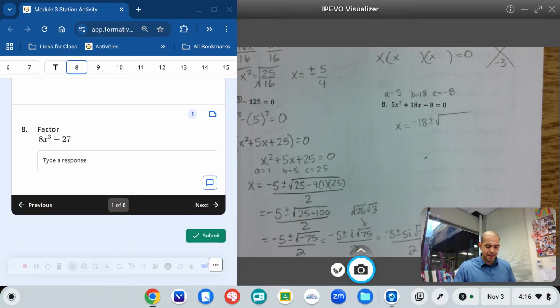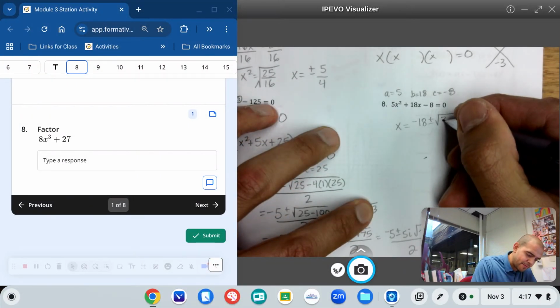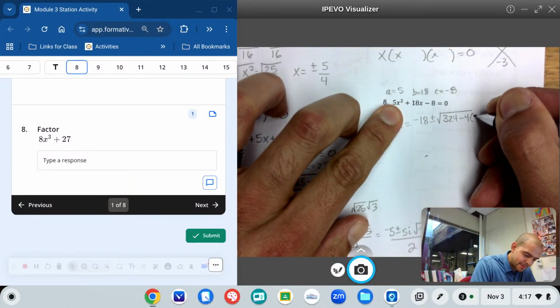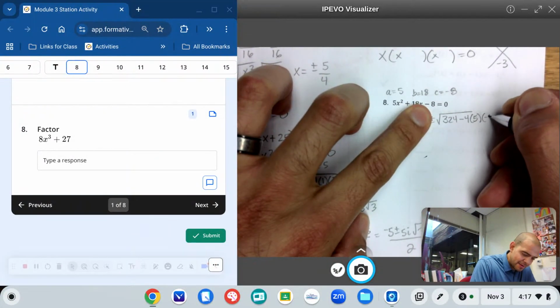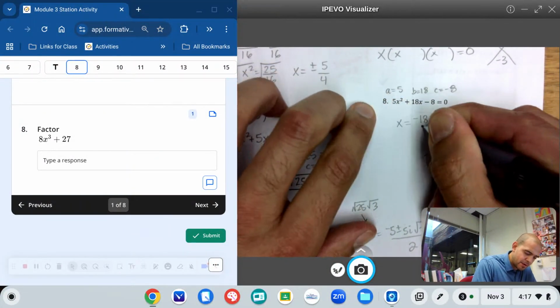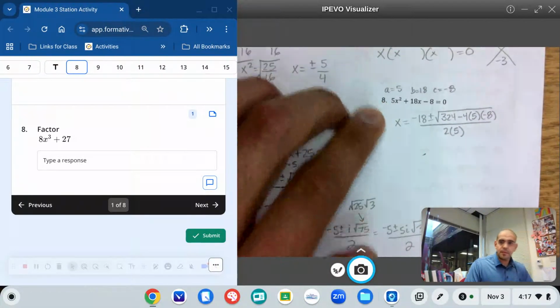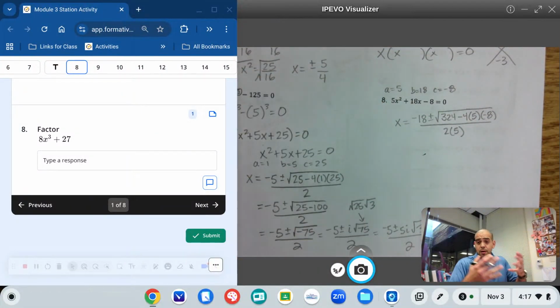Let me use my calculator real quick. 18 times 18 is 324, minus 4 times 5 times negative 8, all over 2 times 5. So you would just work through the arithmetic there and figure out what your two roots are.